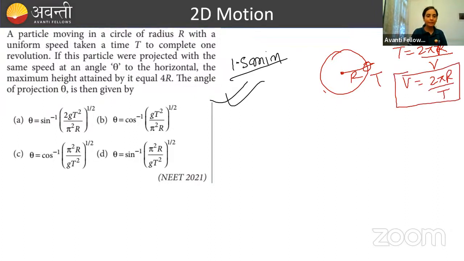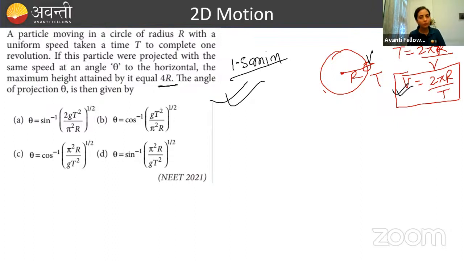Second thing is what is given in the question. If this particle were projected with this same speed at an angle theta to the horizontal, the maximum height attained by it is 4r. The angle of projection theta is given by.